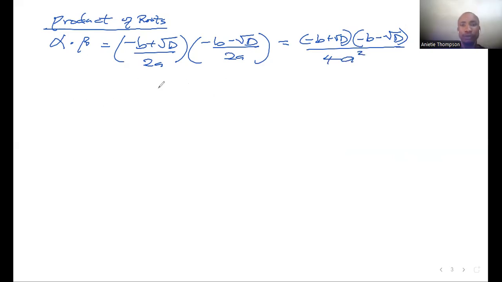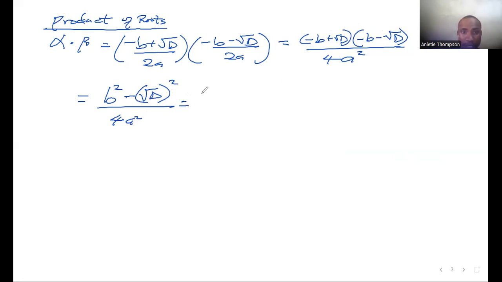All right, so that will give us this solution as minus b times minus b, which gives b squared, and then if you look at that critically, that is a difference of two squares, because we have minus b plus square root of d and minus b minus square root of d. So we can go ahead and say that will be the same thing as b squared minus square root of d all squared, all over 4a squared. I'm just using the difference of two squares there. So you can carry out the expansion, that is what you will have.